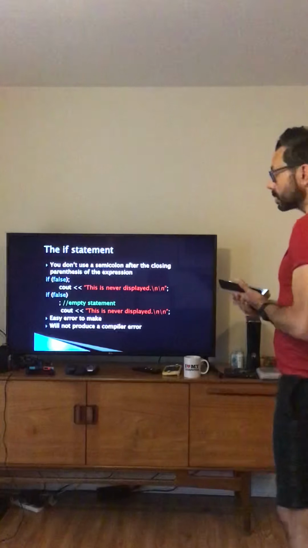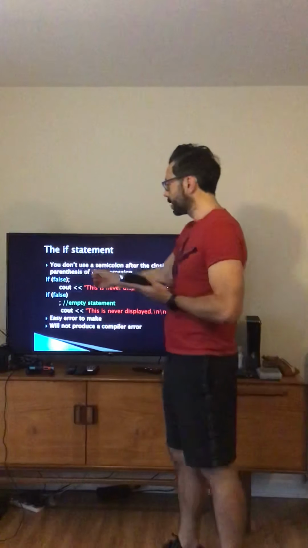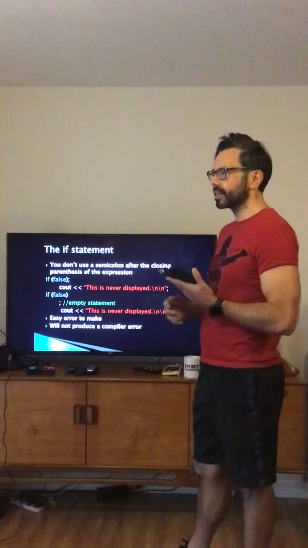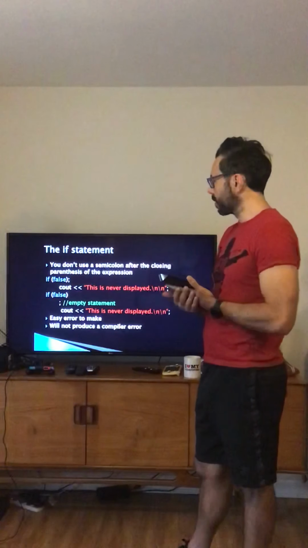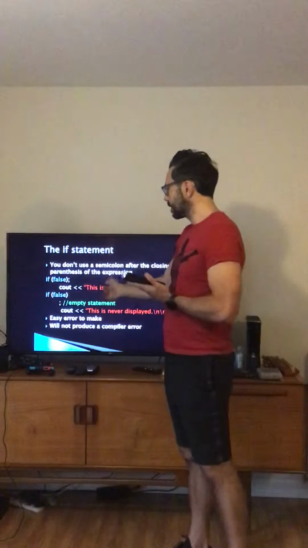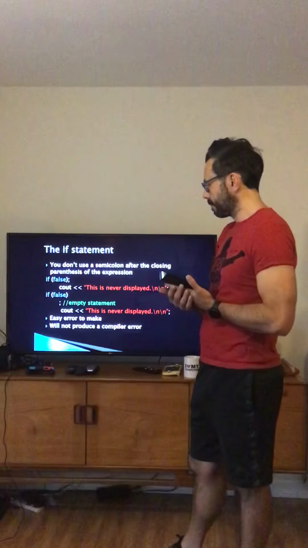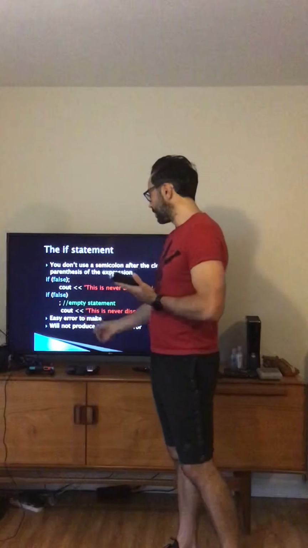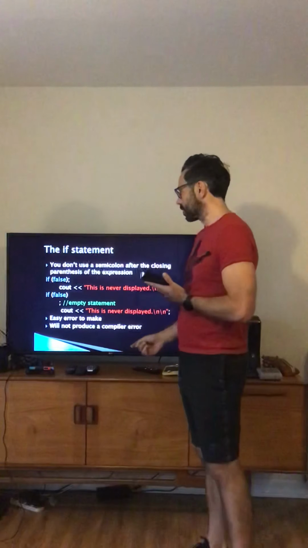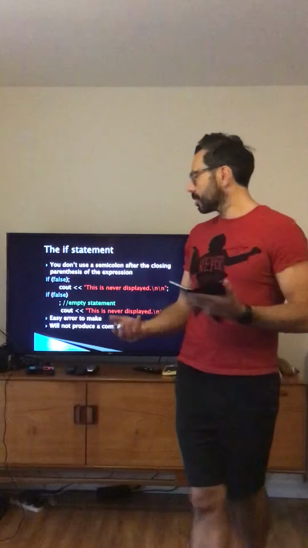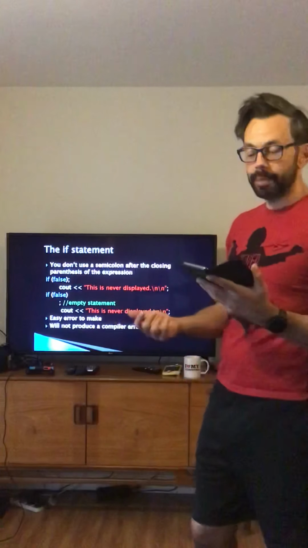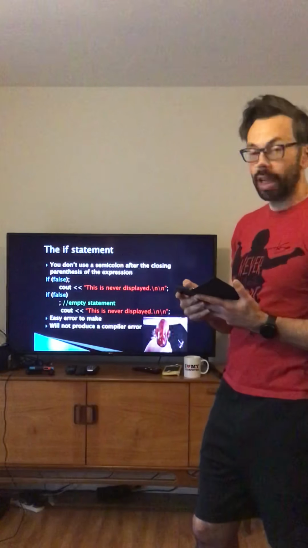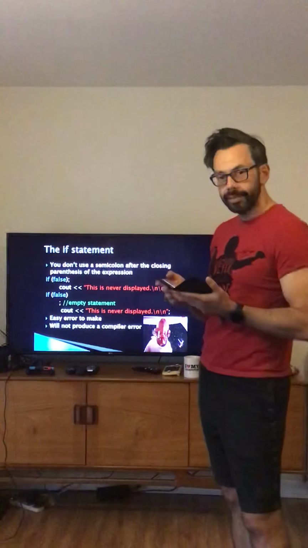So if false, and then you put a semicolon after that by some accident, the compiler in C++ won't see any problem with it, but it won't actually execute this next line of code, yeah? So basically that's what happens there. It's an empty statement, and that is never actually displayed. It's an easy error to make, and it won't produce a compiler error in C++ anyway, okay? So get Admiral Akbar there. It's a trap!